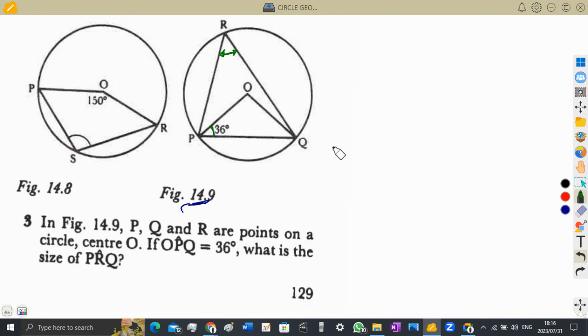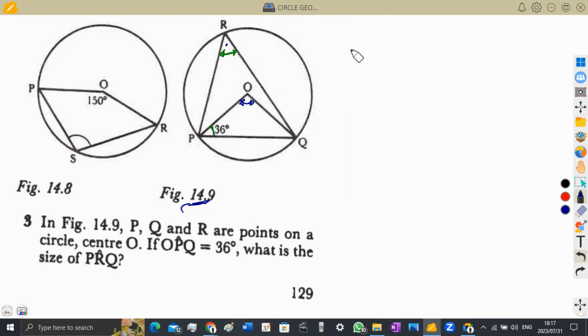We understand this angle that we are being asked to calculate has a relationship with angle O. What is the relationship between angle R and angle O from our theorems? Angle O is at the center. Angle R is at the circumference.